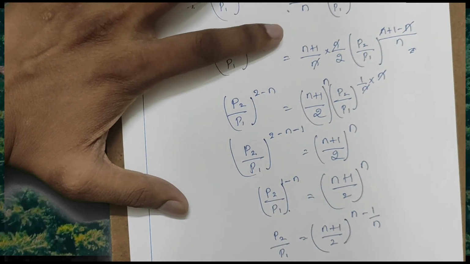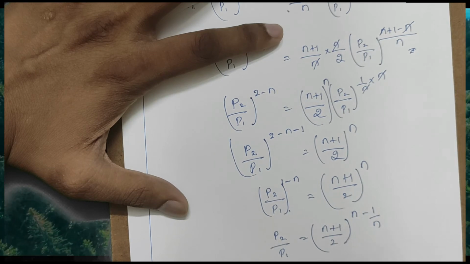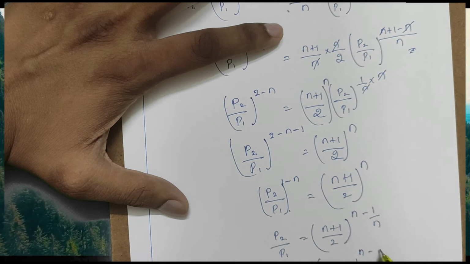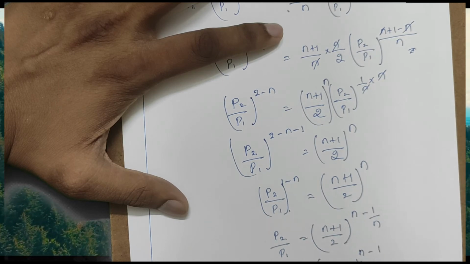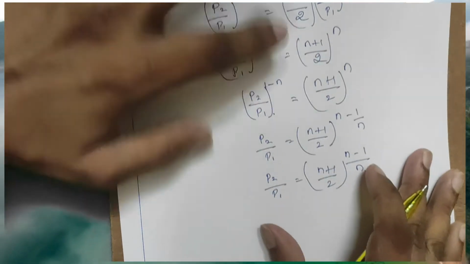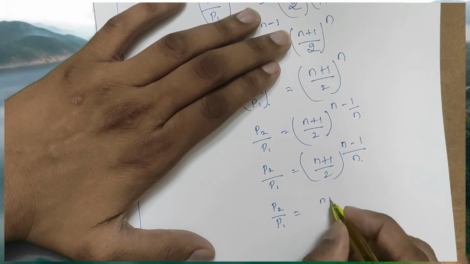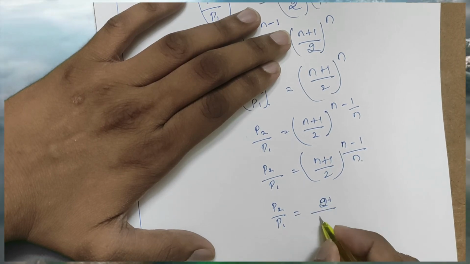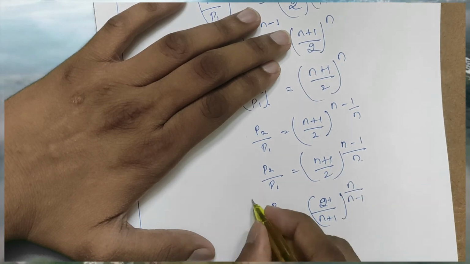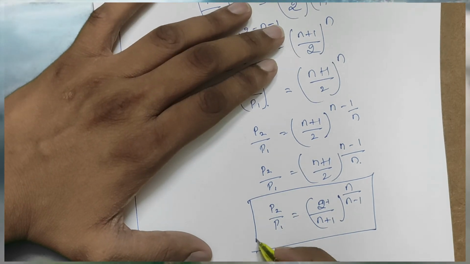Next you'll get P2 by P1, now (n plus 1) by 2 power n minus 1 by n. So next you can write P2 by P1 is equal to (n plus 1) divided by 2, with the exponent n by (n minus 1). So this is the critical pressure ratio formula.